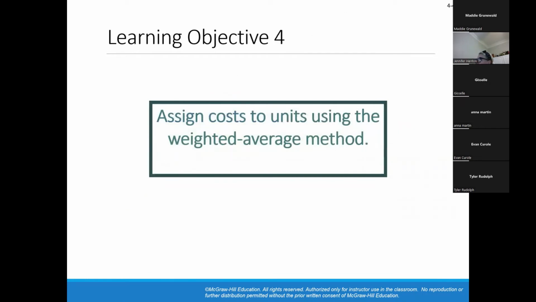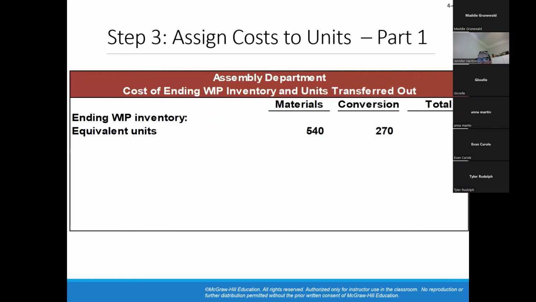All right, so we're going to assign those costs to the units. So ending work in process. So we had the equivalent units. We did this calculation a few slides back when we were trying to calculate it out. Remember, it was 900 in the ending work in process.